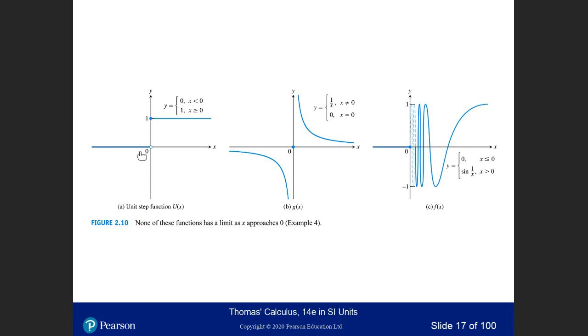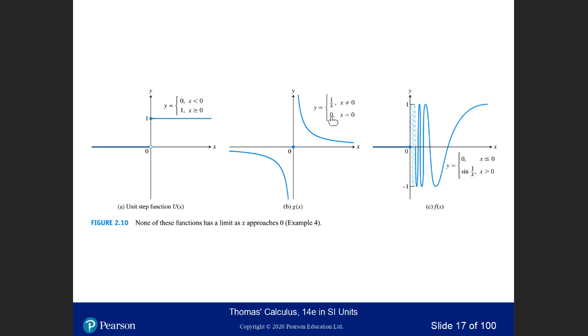But when you approach 0 from the left-hand side, the limit is 0. So there is a jump here, and this limit and this limit are not equal. So this function does not have a limit at 0 because there is a jump in the graph of the function.